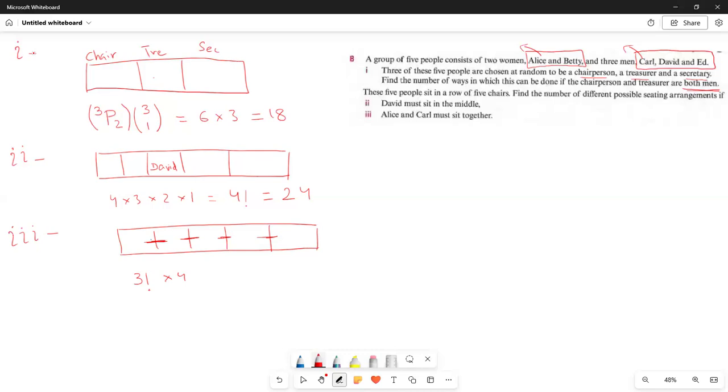In each of these cases, Alice could be here and Carl could be here, or Carl could be here and Alice could be here. So these are 2 different arrangements, which gives us 2 more options. So this is going to be 3 factorial times 4 times 2, and this all comes out to be 48.